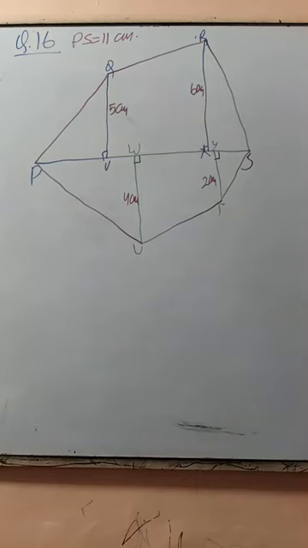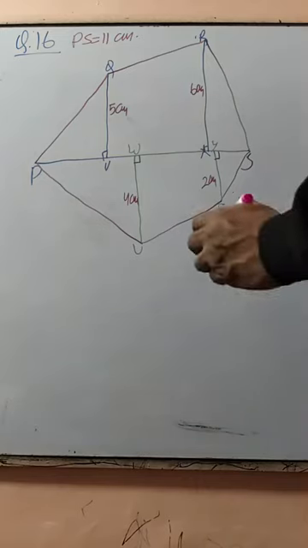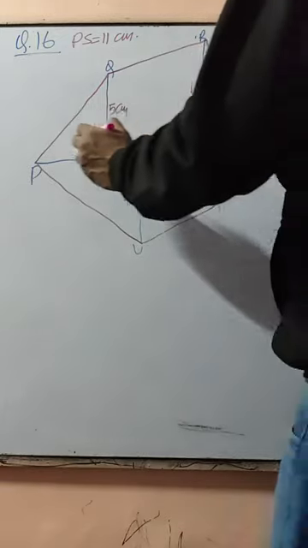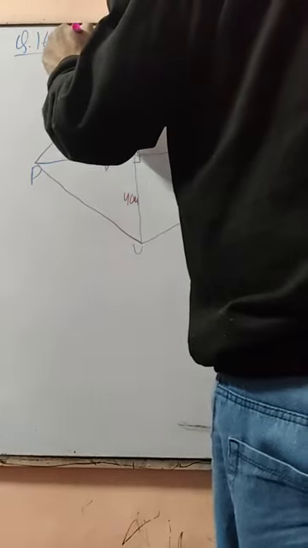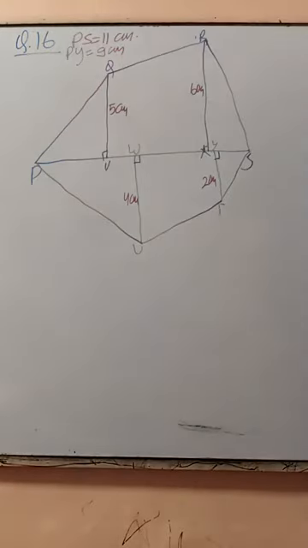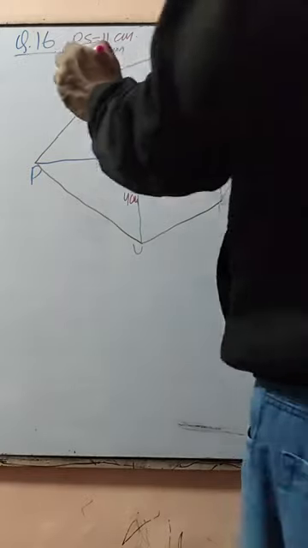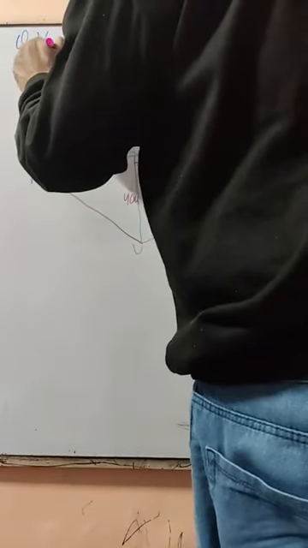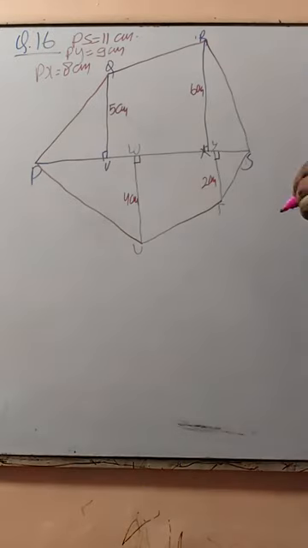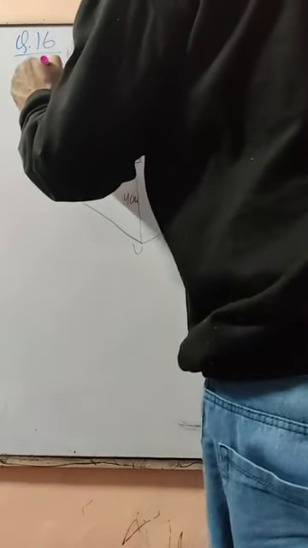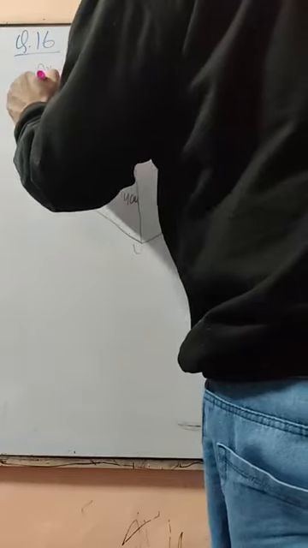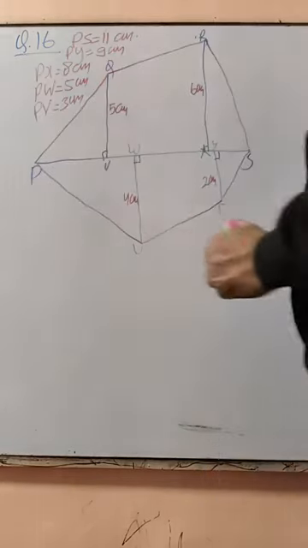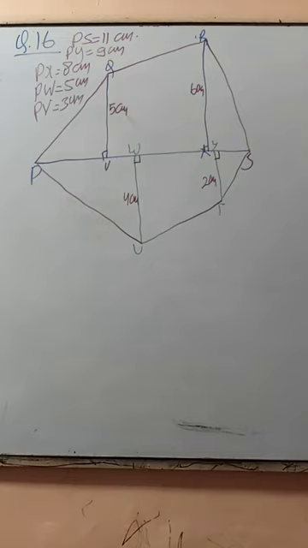PY equals 9 centimeter. PX is 8 centimeter. PW is 5 centimeter. PV is 3 centimeter. QV is 5 centimeter. Where did QV go? It is already written.